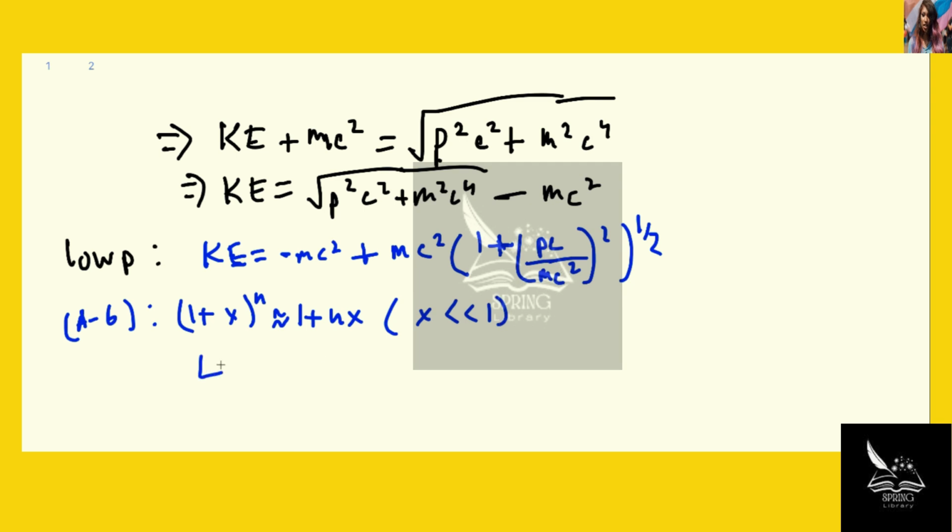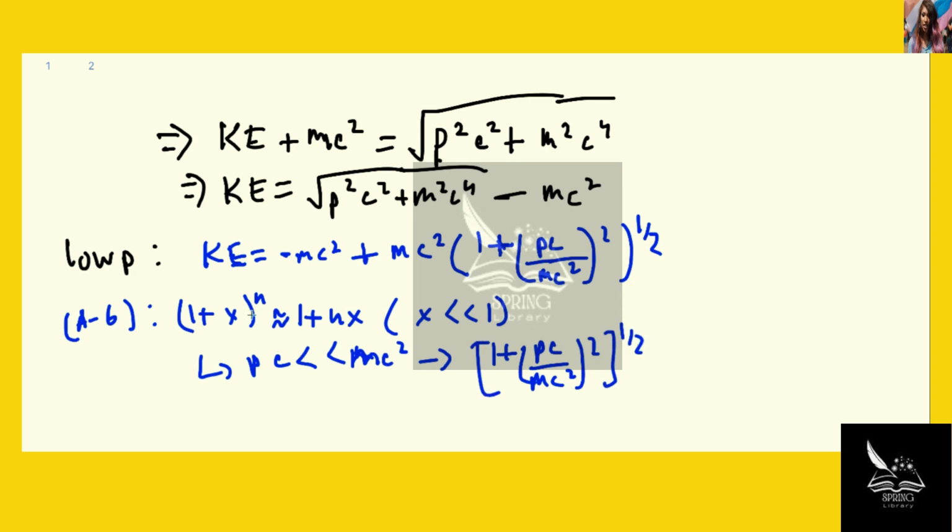Here, pc is much, much less than mc², meaning the momentum energy, or energy from velocity, is much less than your rest mass energy. So for 1 plus (pc/mc²)² to the 1/2, n is 1/2 here, and x is this squared term.